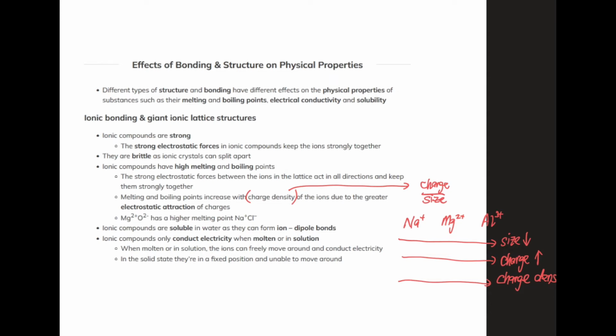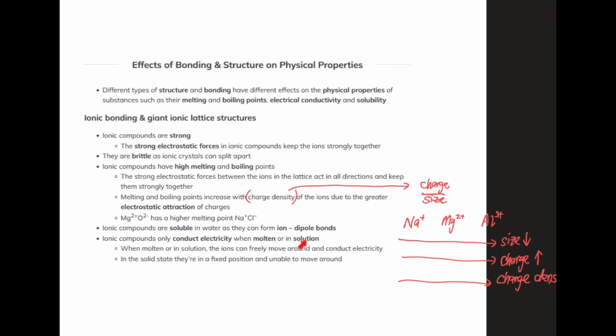Okay, so ionic compounds only conduct electricity when molten or in solution. So of course, what happened here? Molten means it is melted, or it is in liquid form. If the ionic compound is in liquid form, basically you want to melt it, you need to break its ionic bonds. After breaking its ionic bonds, the ions are free to move around and hence it can conduct electricity.